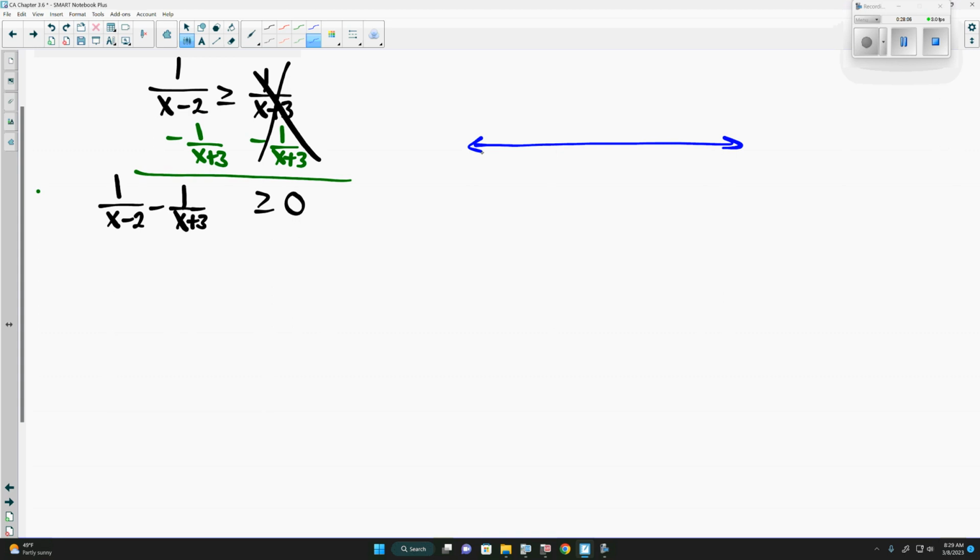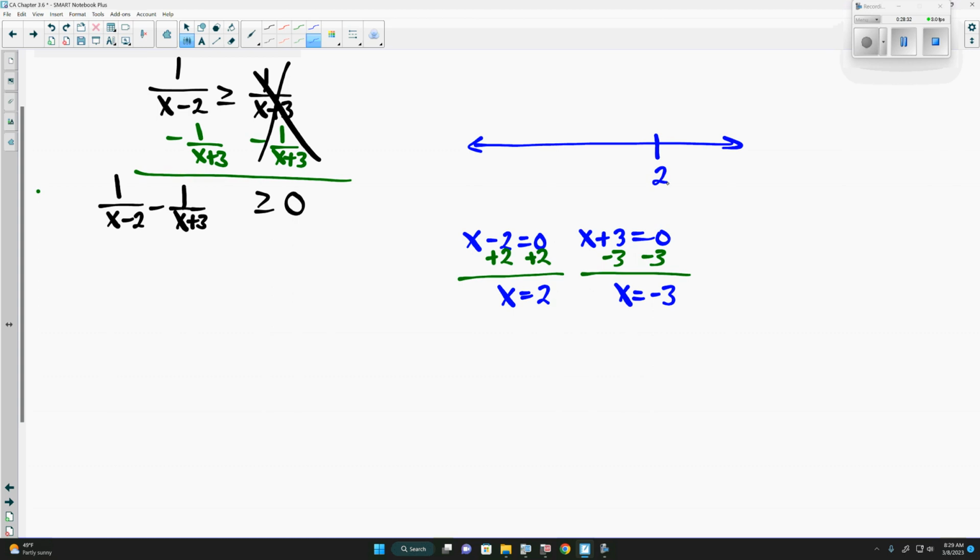And two spots that we know for sure are x - 2 and x + 3, because these cannot be 0. So I could check those: x - 2 equal to 0, x + 3 equal to 0. Here I can add 2 to both sides, giving us x is equal to 2. Here we can subtract 3 from both sides, x is -3. So we have 2 and -3.